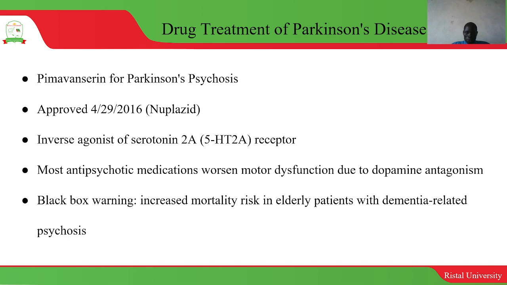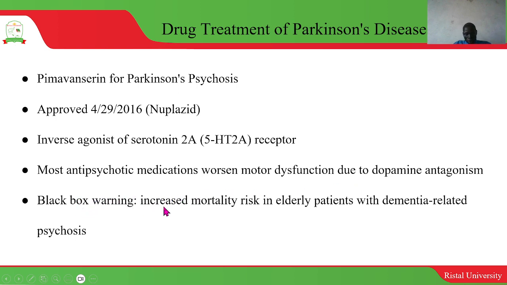Still continuing with this treatment, we have the drug called pimavanserin for Parkinson's psychosis. It was approved recently, in 2016. It is an inverse agonist of serotonin 5-HT2A receptors. Most antipsychotic medications worsen motor dysfunction due to dopamine antagonism.